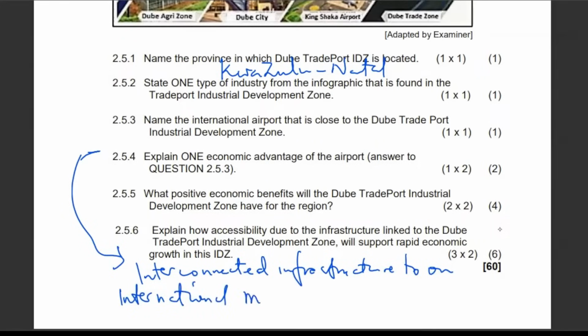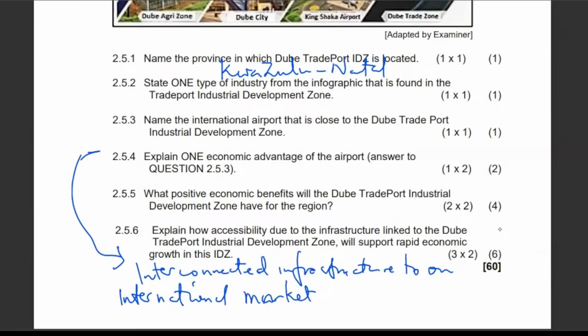For the reason that there's an airport close by, it means industries in that Trade Port Industrial Development Zone can easily compete with other industries from abroad. They can sell their products to the international market because of the accessibility to the airport. So it has brought an interconnectedness of infrastructure that is going to facilitate the exportation on the international market.